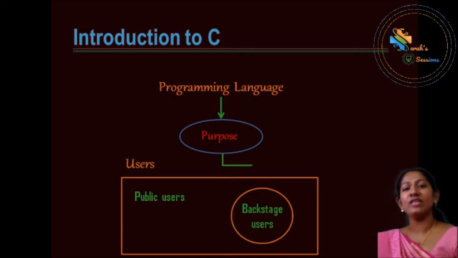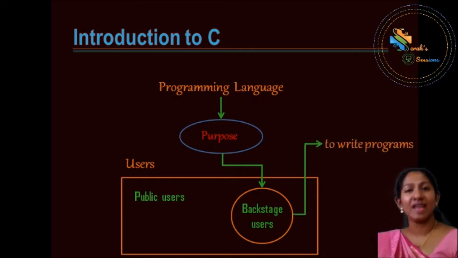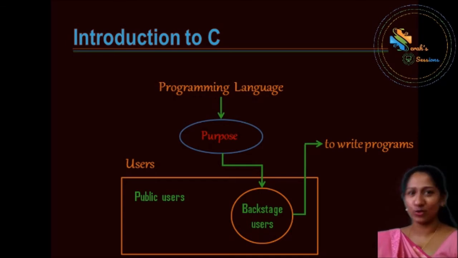So these backstage users are the users who really want to know, or who really should know, one or multiple programming languages so that they can write programs and develop softwares so that the public users can use those softwares. I hope you got my point.